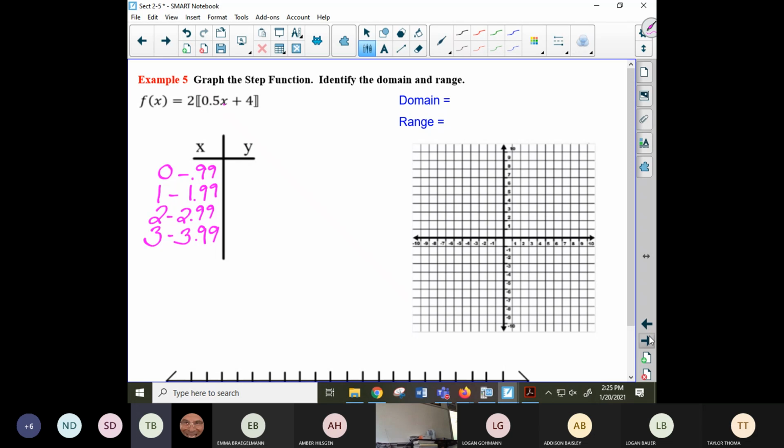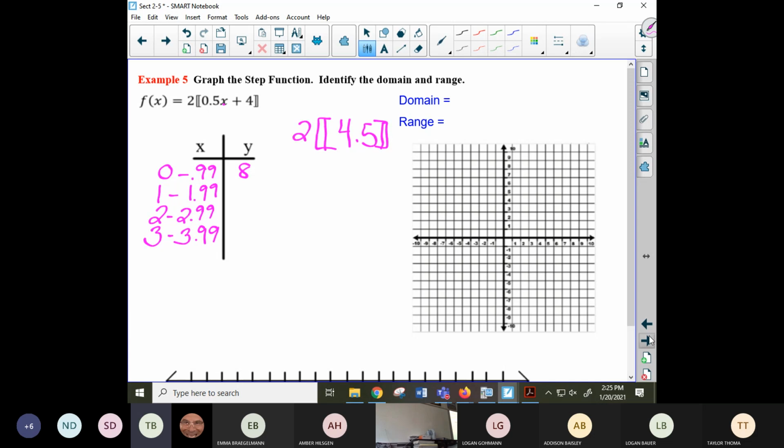The greatest integer less than or equal to 4 is 4. 4 times 2 is 8. Okay? Then I'm going to put in 1.